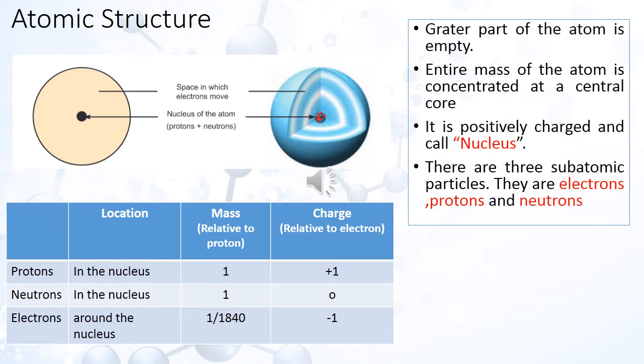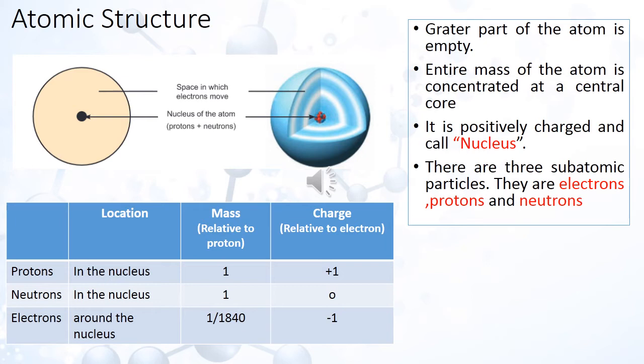The entire mass of this atom is concentrated on this small core, which is known as the nucleus. And what can you see in this empty area? We will see.